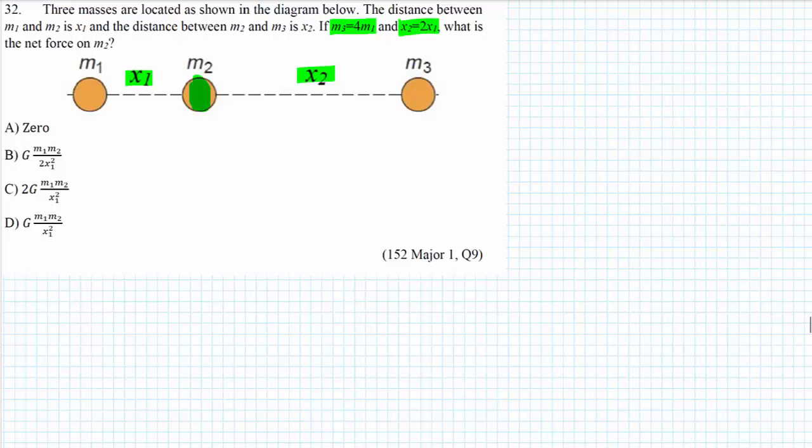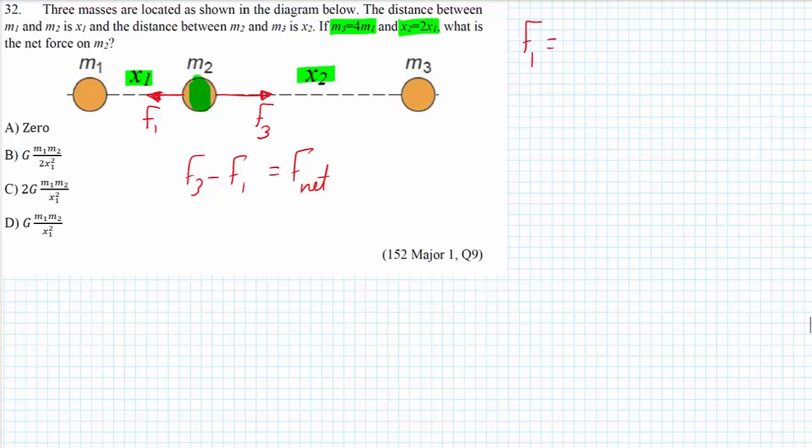So the mass M2 is subjected to two gravitational forces: a gravitational force toward M1, I will call it F1, and another gravitational force toward the mass M3, I will call it F3. So I need to find F1 and F3 and subtract F3 minus F1 to get the net force.